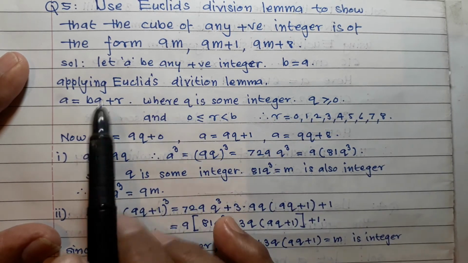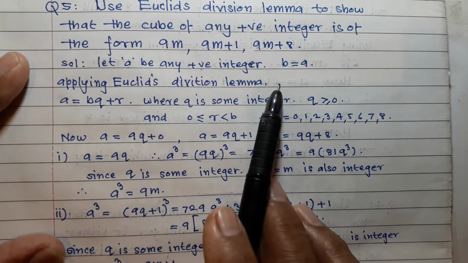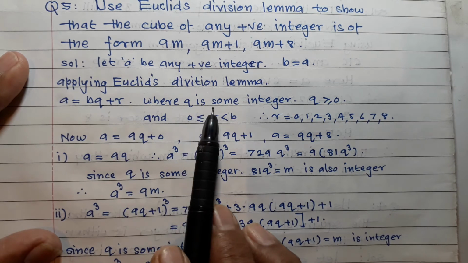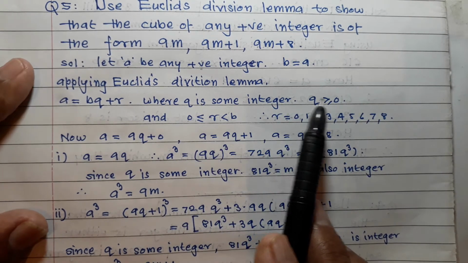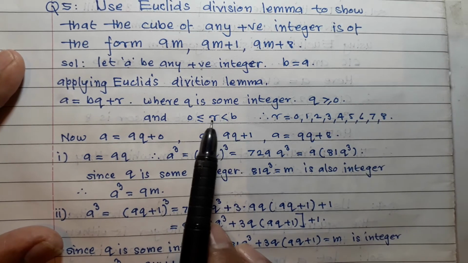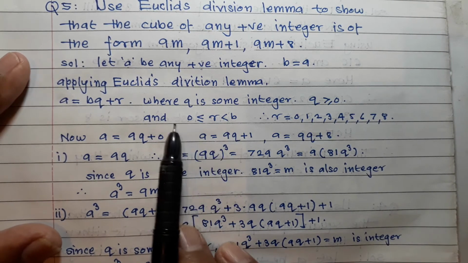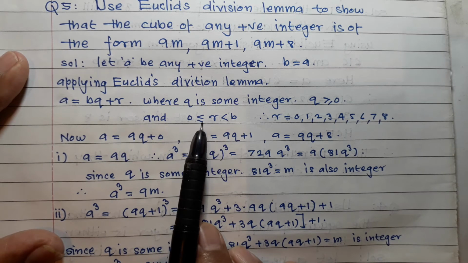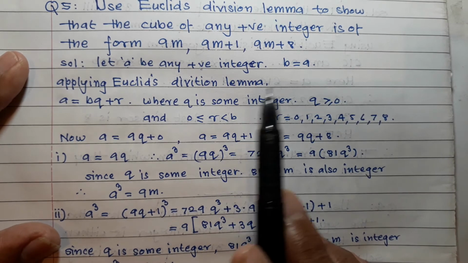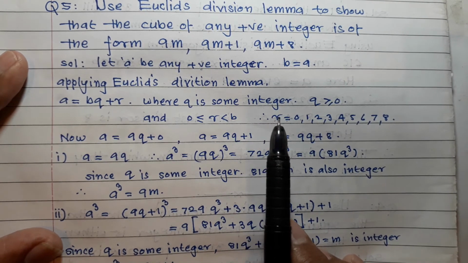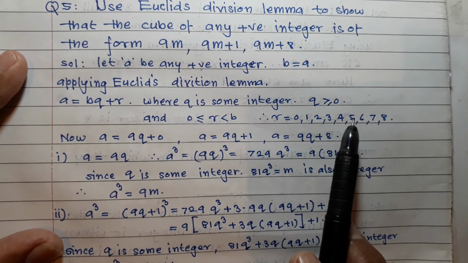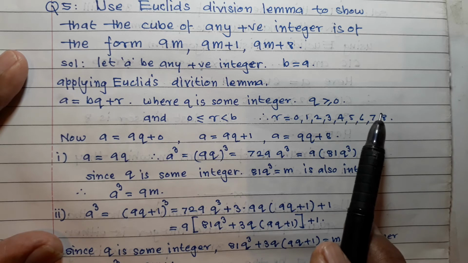Applying Euclid's division lemma, a = bq + r, where q is some integer, q is greater than or equal to 0, and r is equal to 0 or greater than 0 and less than b. Here b is 9, and therefore r is equal to 0, 1, 2, 3, 4, 5, 6, 7, 8.